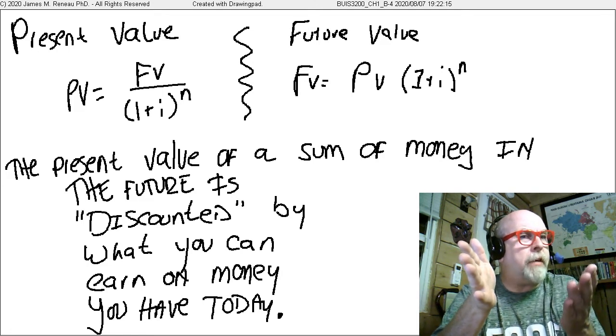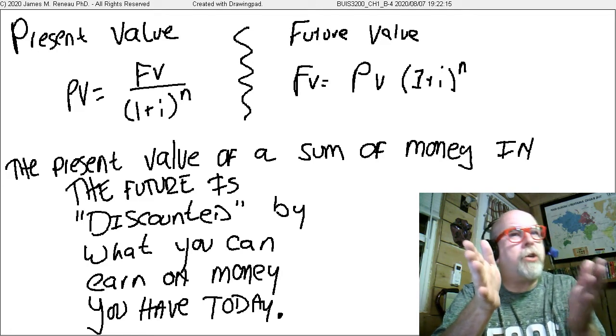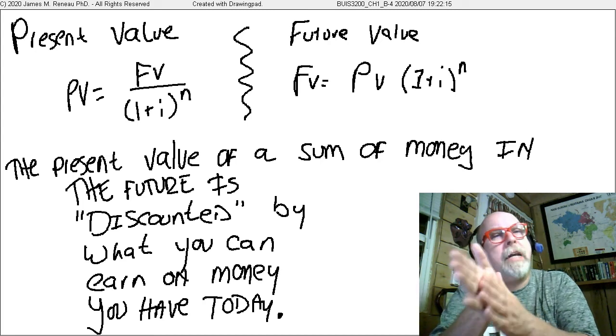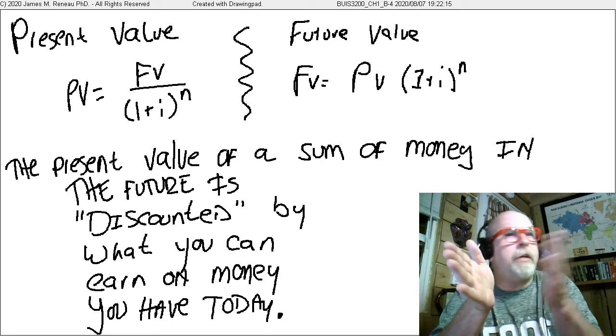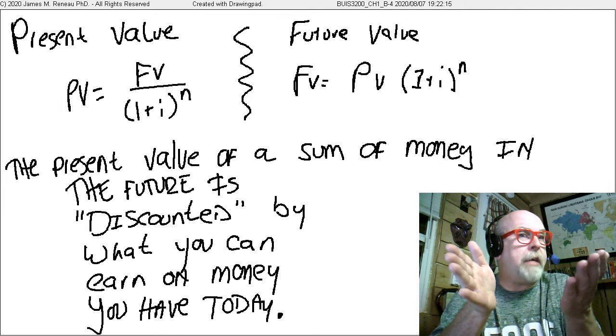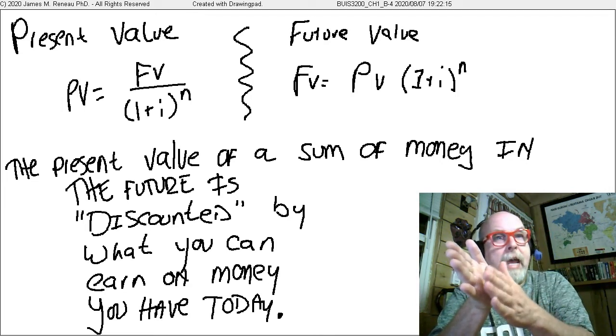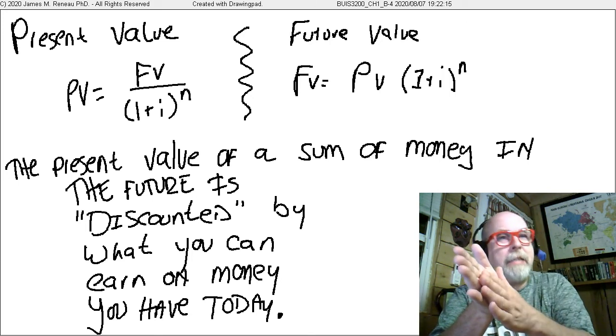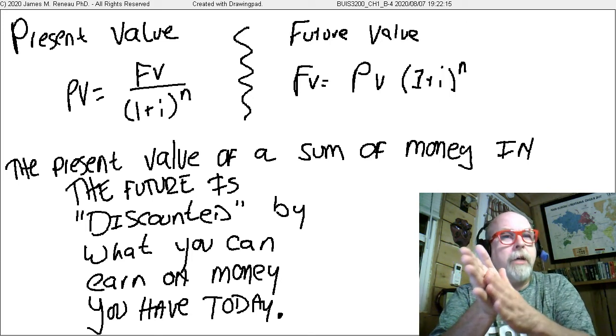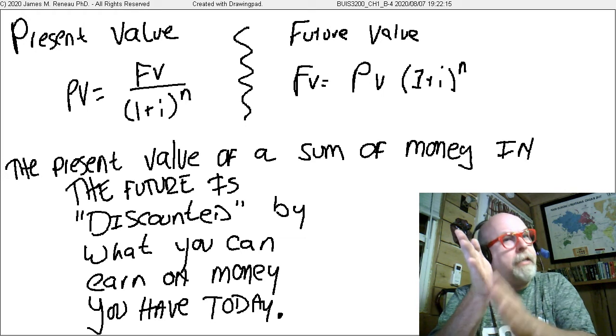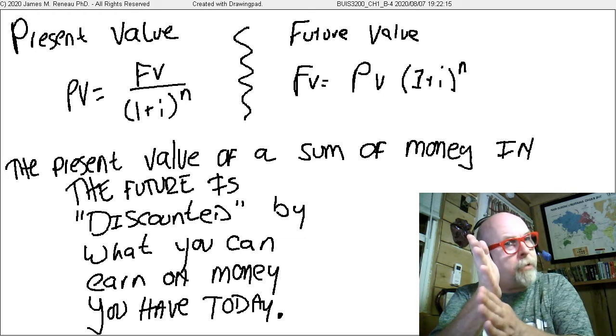Which is a better deal? Well, what you do is you return everything back to money today. So the system in 2 years might be X dollars. It's going to be less than that today because of the discounting of the future value. So you can compare the discounted value of the future amount today to the amount today.